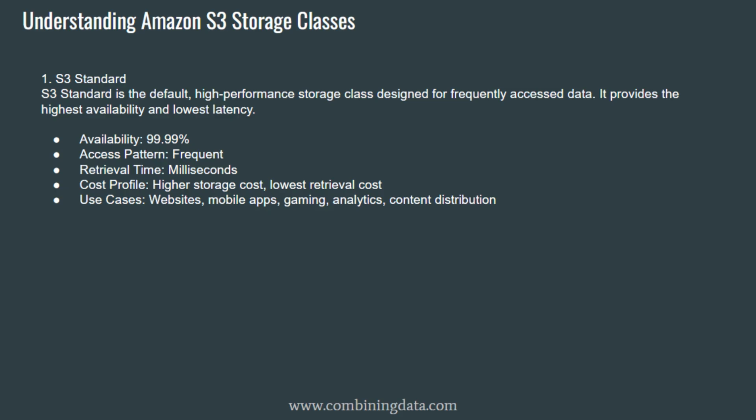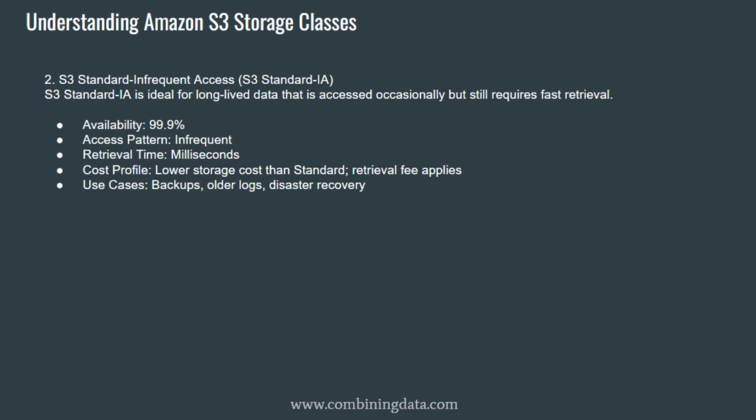When data is accessed less often but still needs to be available instantly, S3 Standard Infrequent Access is a better choice. It has slightly lower availability, lower storage cost, and a retrieval fee, making it well suited for backups, disaster recovery data, and older logs.